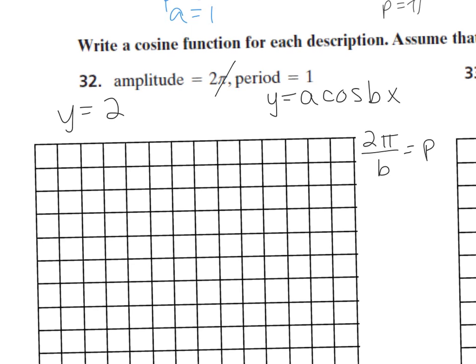I think this should be a 2, not a 2 pi, and the period's 1, so I'm going to plug in 1 for p. Multiplying both sides by b, b is equal to 2 pi. So my function is going to be y equals 2 cosine of 2 pi x.